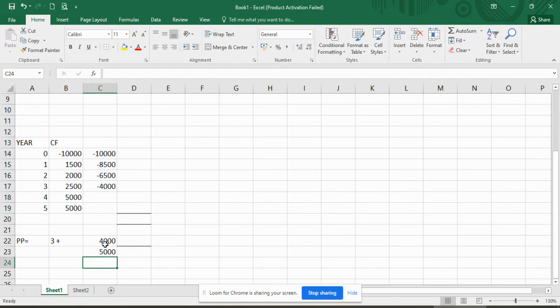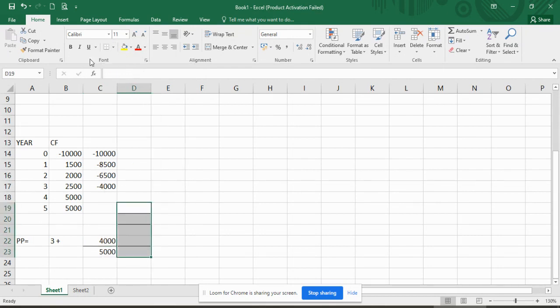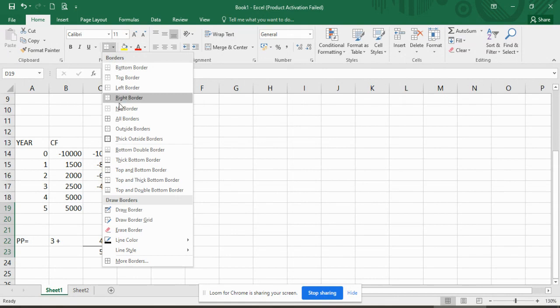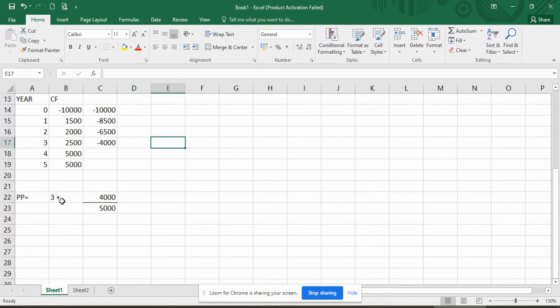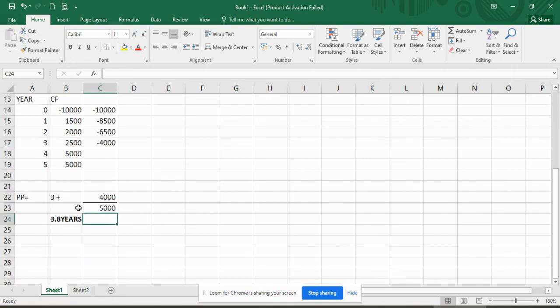Therefore, 4,000 divided by 5,000, you'll be getting 0.8. So 3 plus 0.8 means 3.8 years. So your answer here is 2 years for A, and for B it is 3.8 years.